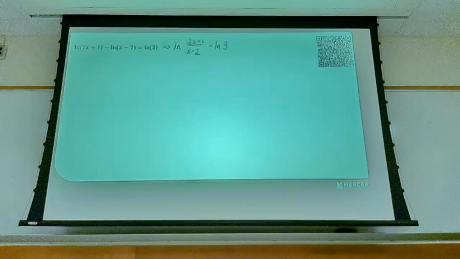You have a difference of logs, so you use the quotient law, right? Well, now look. On both sides, it's a natural log, right? What you're taking the log of has to be the same. So we can just say that (2x plus 1) over (x minus 2) has to be 3.